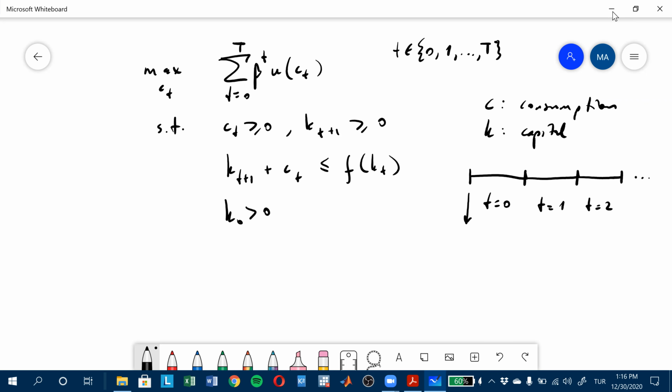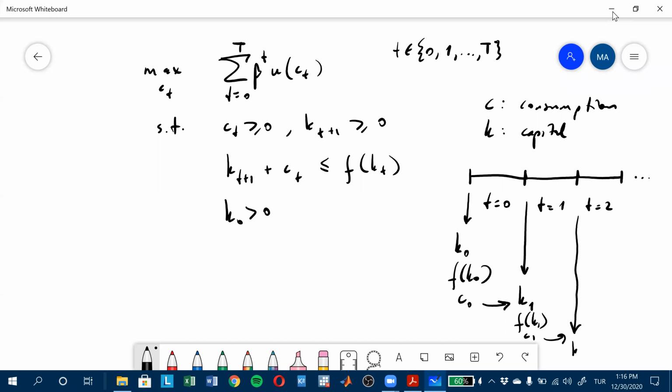At that point, you have K0, then you will have the output, then you will choose C0, then this will determine your K1. Then you're going to have output, then you're going to have consumption, and that will go on. K2. So timing is important. Be careful with the time indexes.